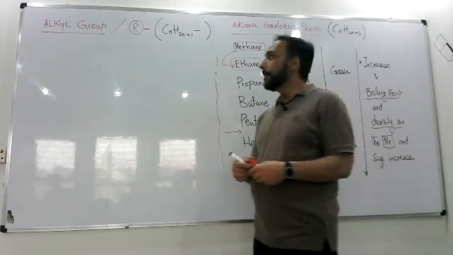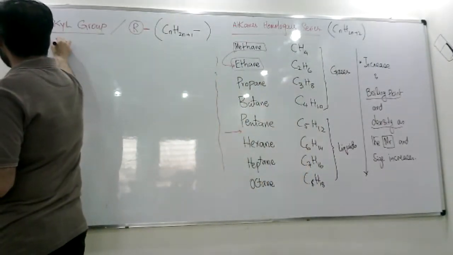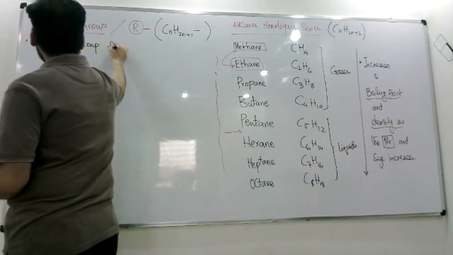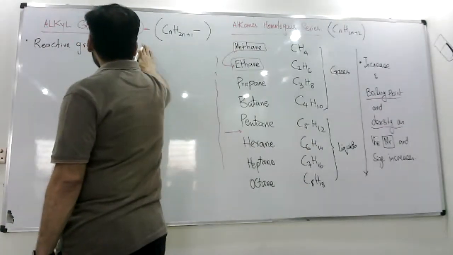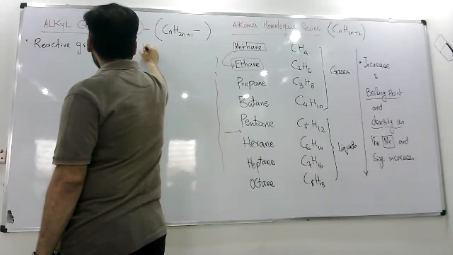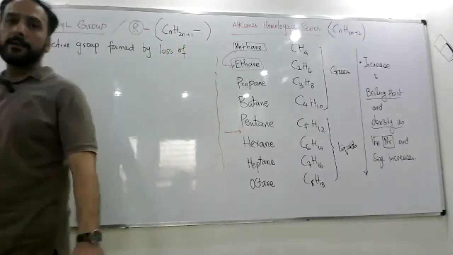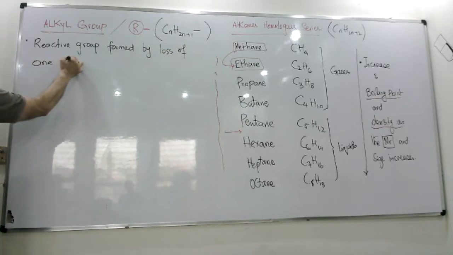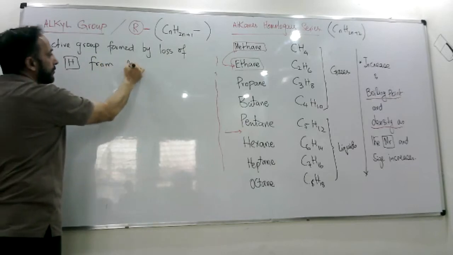Understand alkyl group first. Alkyl group is a reactive group formed by loss of one hydrogen from alkane.